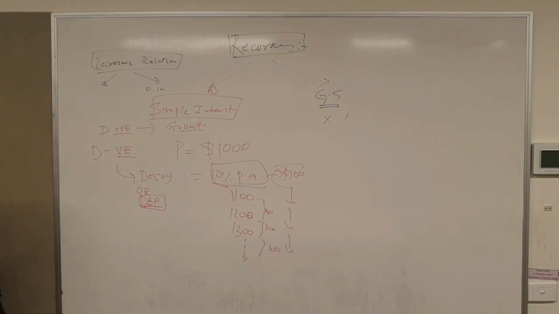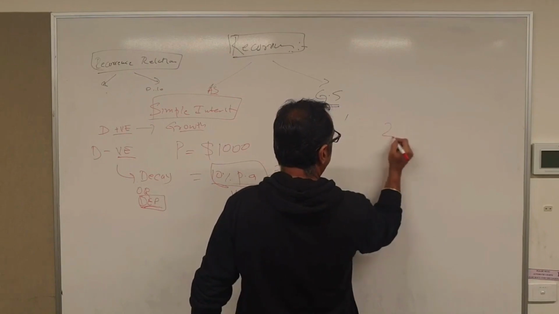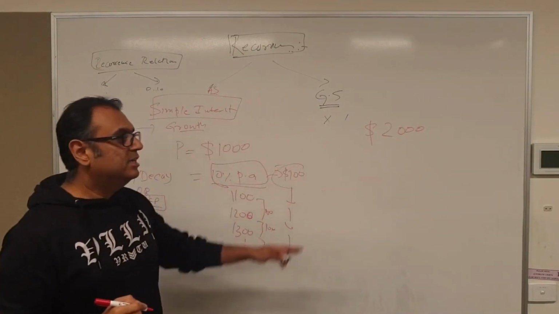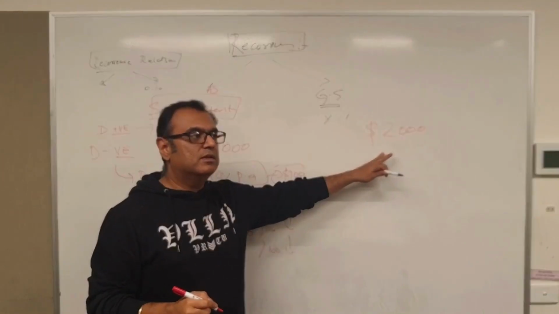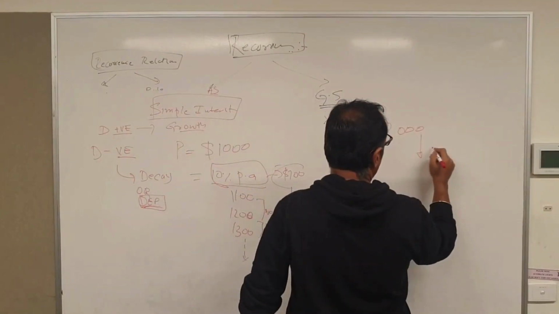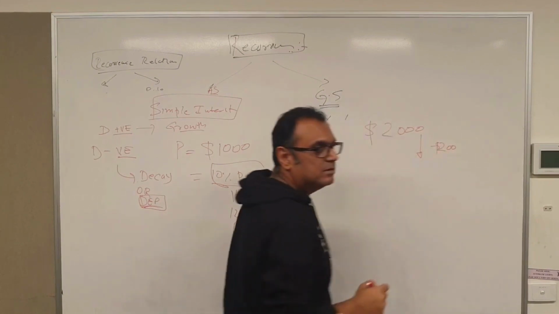Now, if the value goes down every year by the same amount, let's say, Danu, you've purchased an iPhone for $2,000, and you're using that iPhone for X number of years, and you've been told that the value of your iPhone goes down by $200 every year.